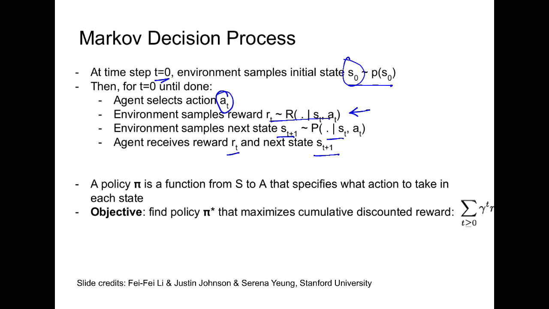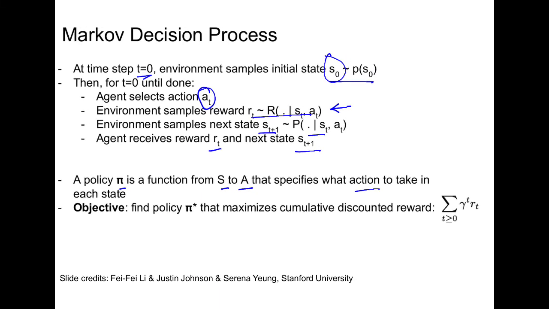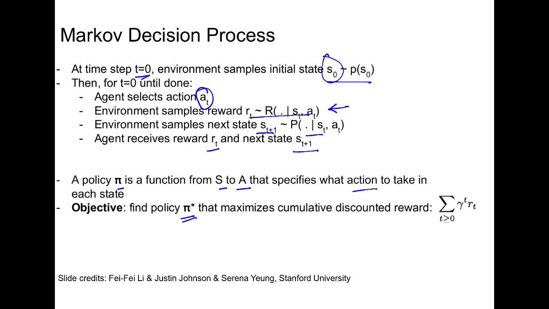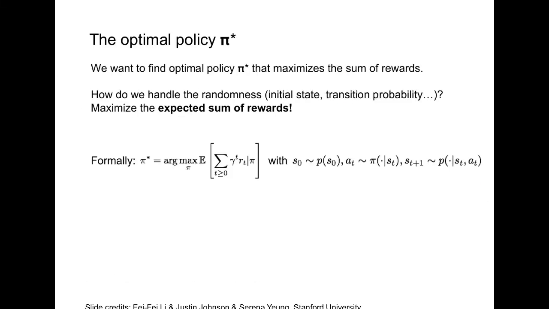A policy is a function from state to action, which will tell you what action the agent will take. It could be stochastic. We can start with deterministic policies. We want to find an optimal policy that maximizes the cumulative discounted reward, but in the expected sense, right? So in the expectation, I want to maximize the reward. So what do we want to do? Expected sum of rewards, same as before, gamma to the power t, r_t, given a policy pi.